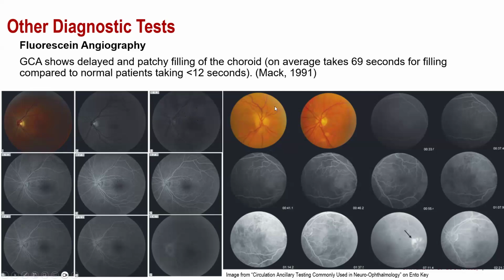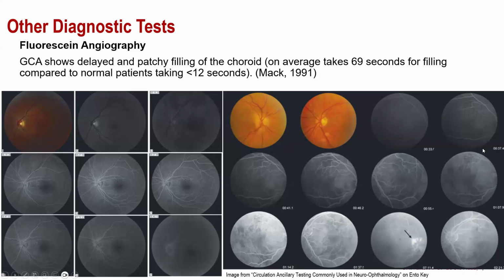However, because giant cell arteritis affects the choroidal blood supply, those arteries, like the posterior ciliary artery, have a significant prominent internal elastic lamina. These patients tend to have significantly delayed filling of the choroid. Here on the right, you can see a patient with giant cell arteritis, and the filling of the choroid itself is very patchy.